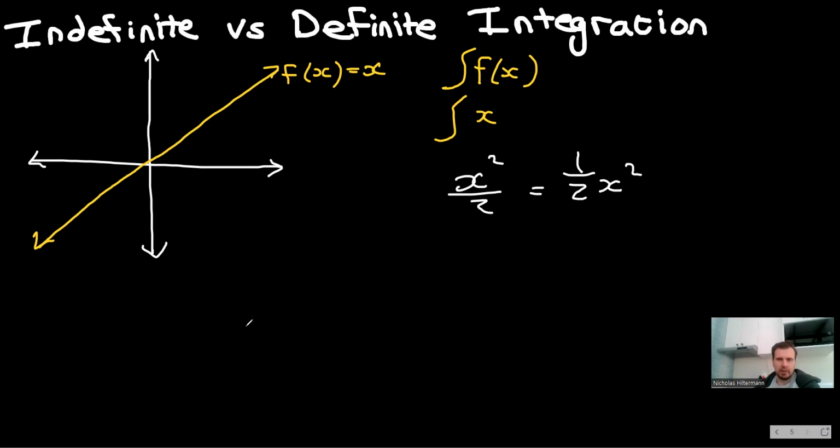Okay. But now let's look at the area under this graph, right? So let's say that we went to 1, right? So this value would be 1, and then y would be 1 as well. So if we were to find this area here, it's the area of a triangle. Well, that's a half base times height, right?